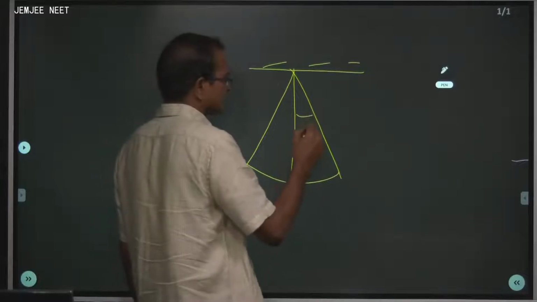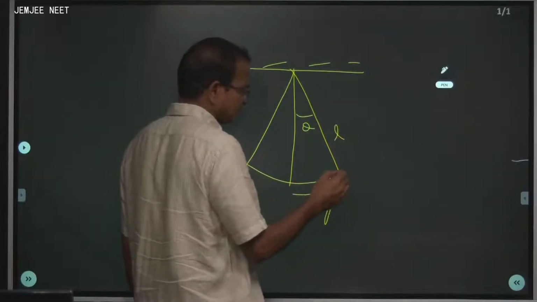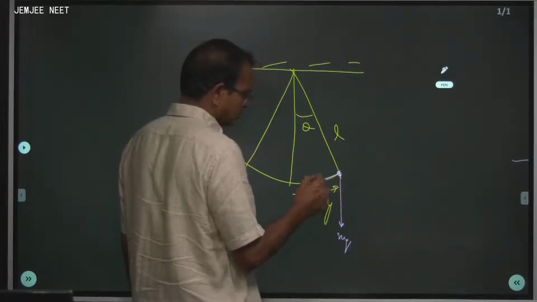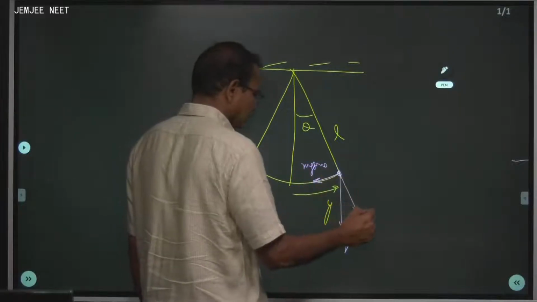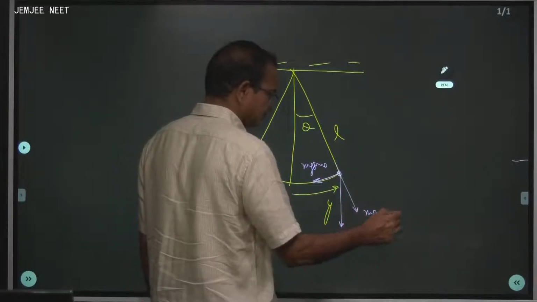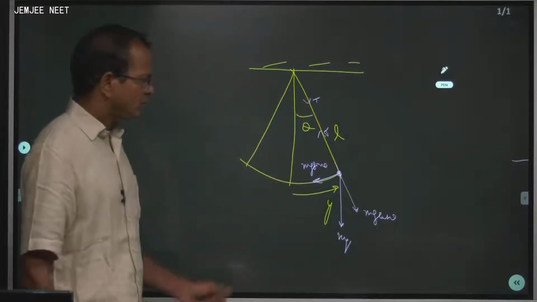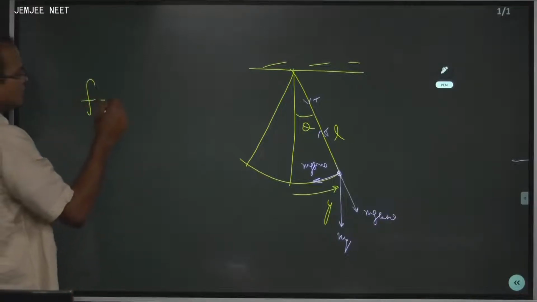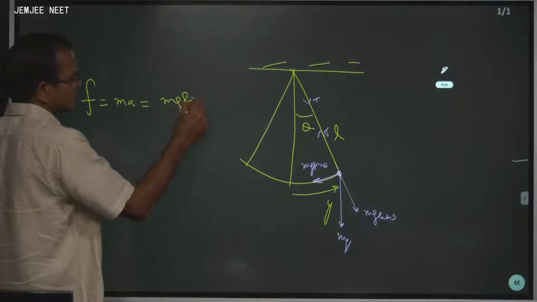Yes, this is theta, suppose. This is the displacement y. This is L. The particle is here, mg. Already I told you this is mg sin theta and this is mg cos theta. This is tension, even this is tension. Now, what is the restoring force? F is equal to ma is equal to mg sin theta.